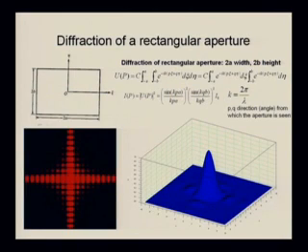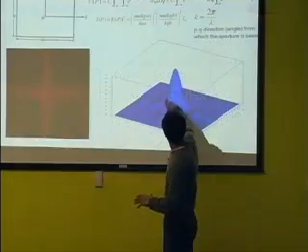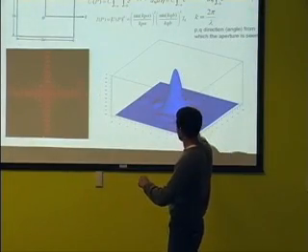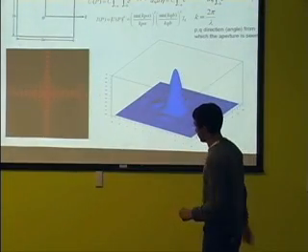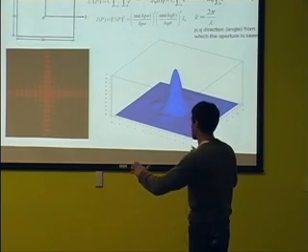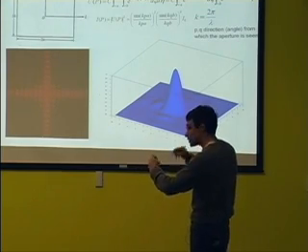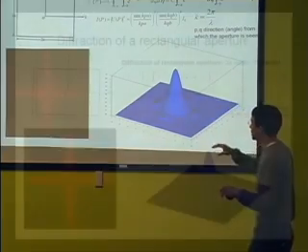Looking in 3D at this expression of the intensity, we have a pretty important peak in the middle, but then, as we can also see in the picture on the left, we also have secondary waves in these two directions.